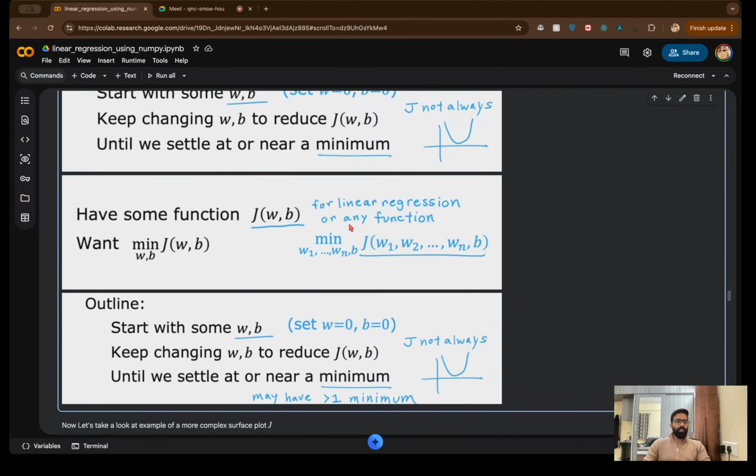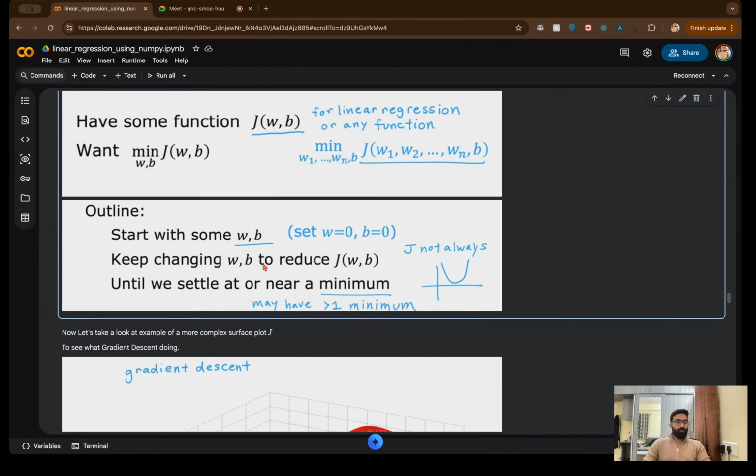For linear regression or any function, we want to minimize J(W,B), with w1, w2, up to wn and b.